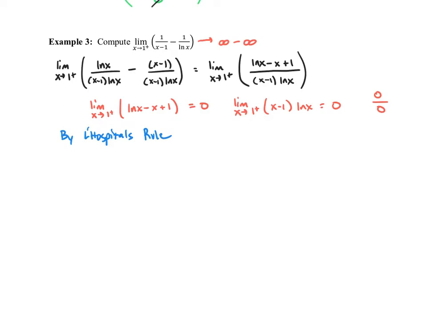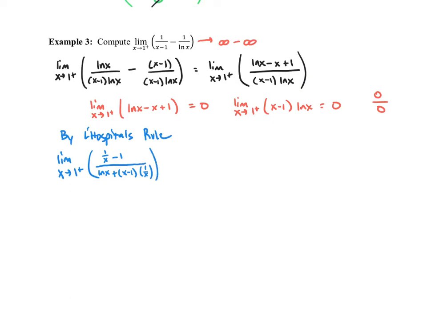All right, we have the limit as x goes to 1 from the right, and we're going to take our derivatives. So the derivative of the numerator, natural log of x minus x plus 1, is 1 over x, minus 1, divided by, we're going to get a product rule here, so it's going to be a little bit ugly. The derivative of x minus 1 is 1 times ln of x, plus x minus 1 times 1 over x.